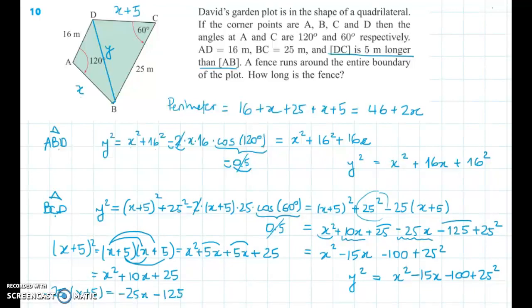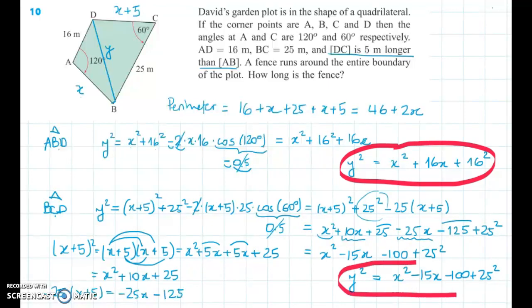So that means we can get rid of the y squared, because we are saying y squared is equal to something in the first equation, and y squared is equal to something else in the second equation.